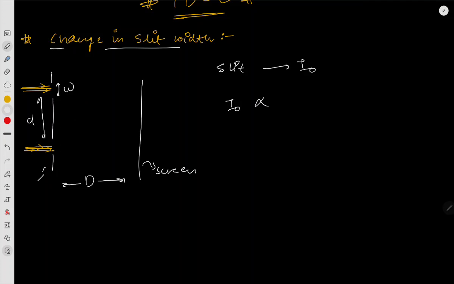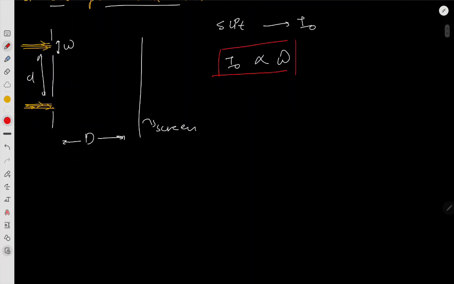This means this plane, we are talking about this plane. This is something that we need to know. So this was the first thing.